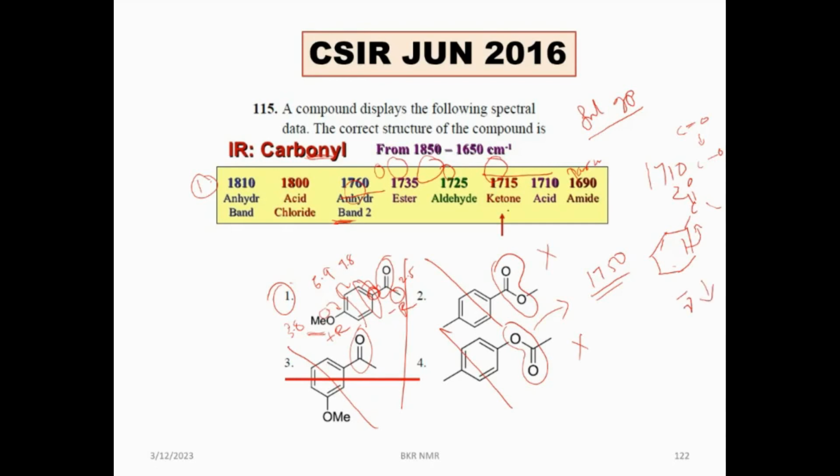That is why the ketone reduces to 1690. Is that okay? So because of conjugation the ketone value reduces by 16, and an ester value has no chance of reducing that much. That is how I find it out.